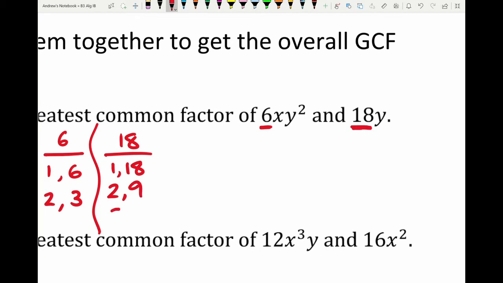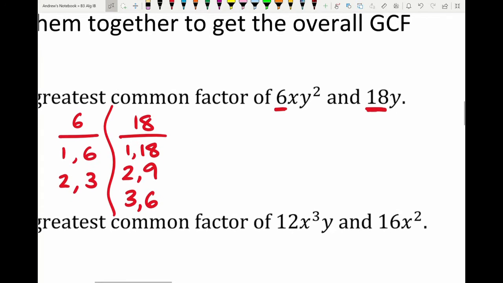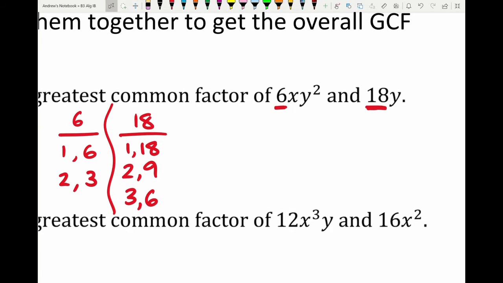There's 2 times 9, or you could do 3 times 6. And then to find the greatest common factor for those coefficients, I want to take the biggest number that shows up in both of those lists. Right? So in this case, 6 is the biggest number that shows up. So that's what I'm going to take as the GCF of the coefficients.